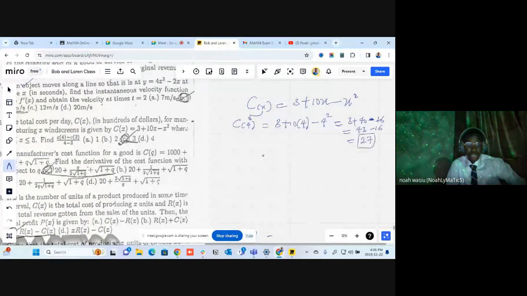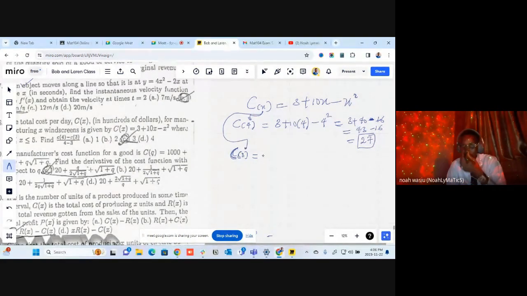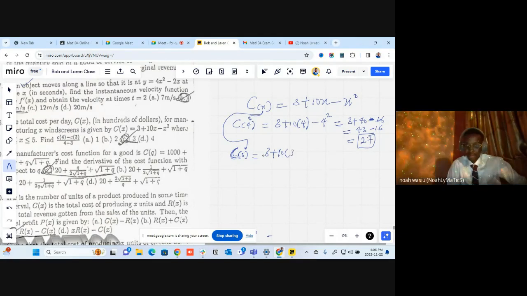Solved. Now let me look for C3. Anywhere I see X, I insert 3: 3 plus 10 times 3 minus 3 squared, which is 9. That's 3 plus 30 minus 9, which is 33 minus 9, that is 20.